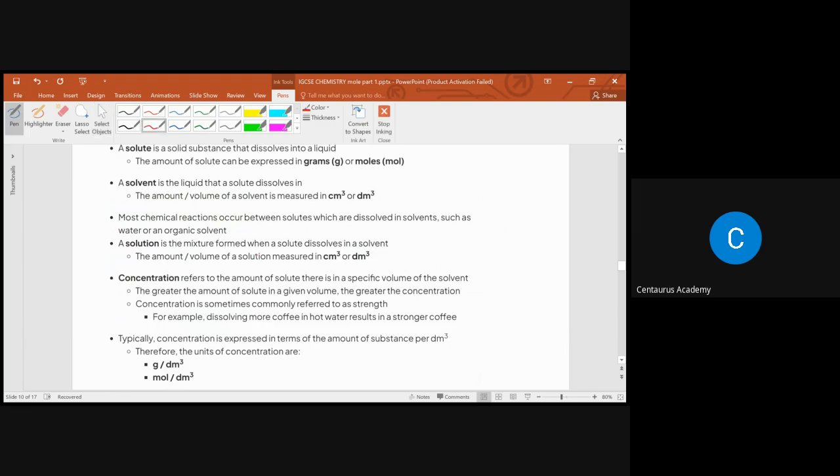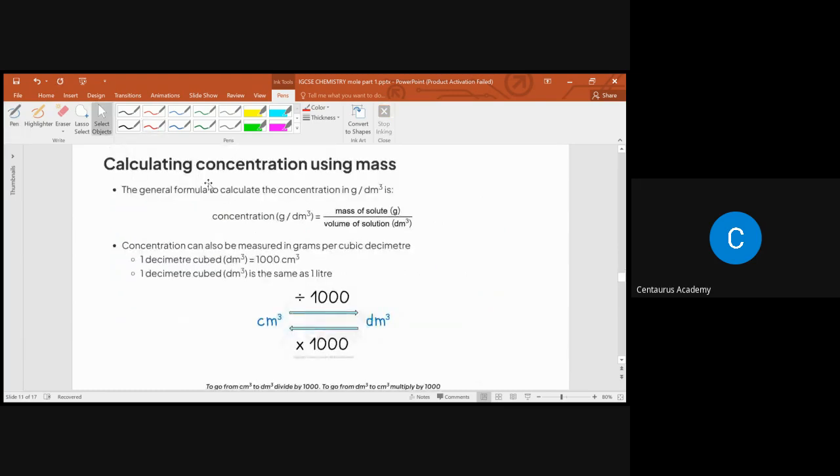For instance, if the amount of moles is increasing and the volume remains constant, obviously the concentration is going to increase as a result. Is this point clear so far? Yes. Okay.